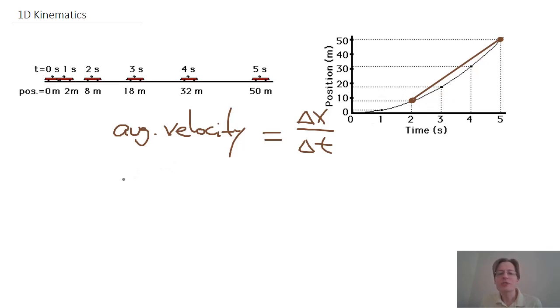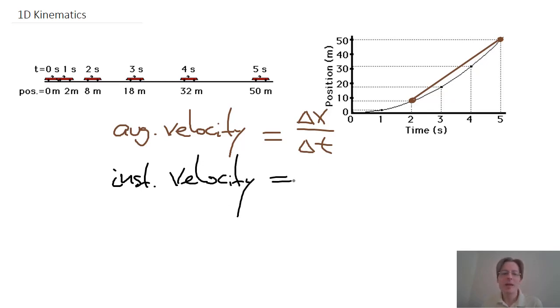Also, the instantaneous velocity is the velocity at a single instant, and that's when you take the time interval between the 2 points to be infinitesimally small, and that's just dx/dt.